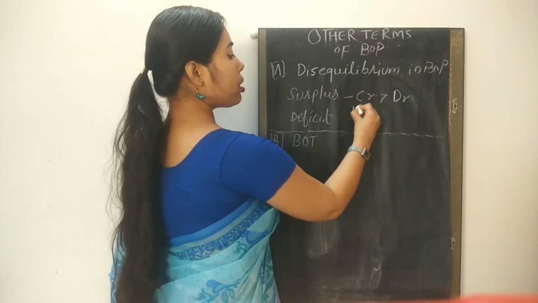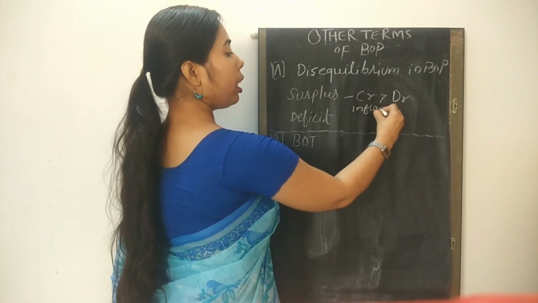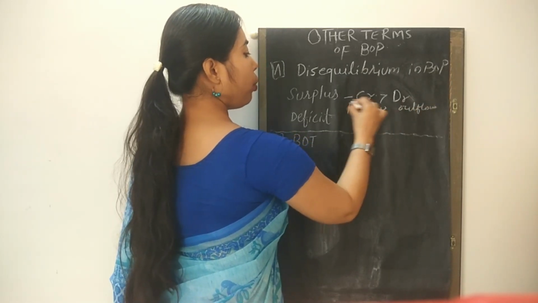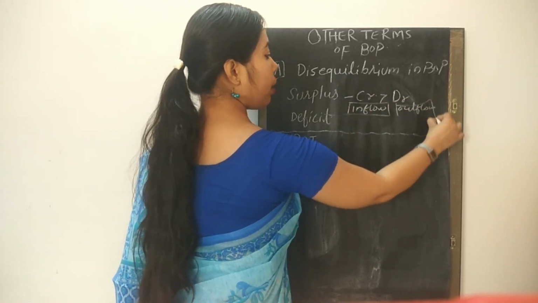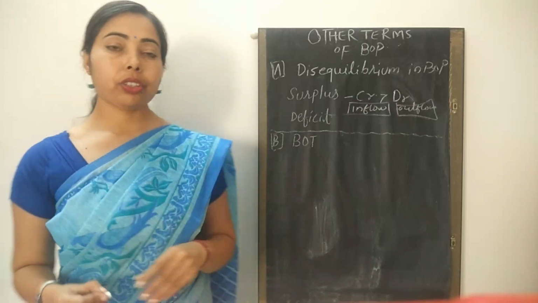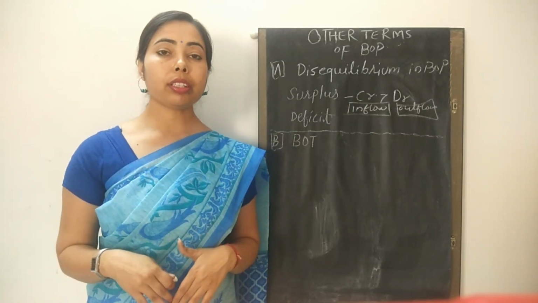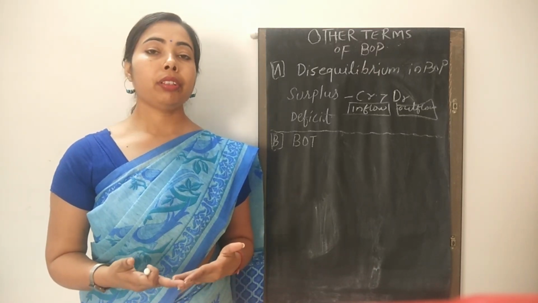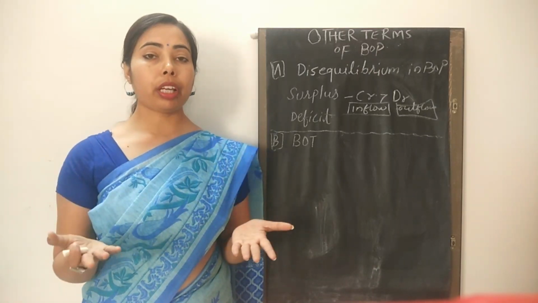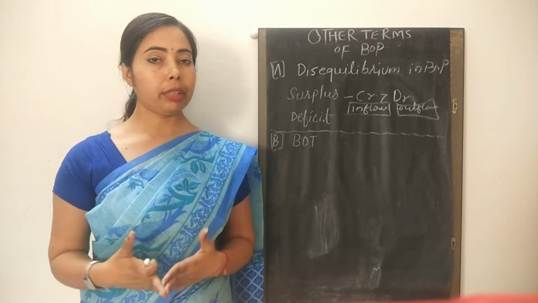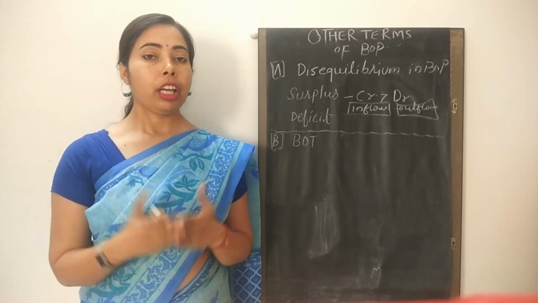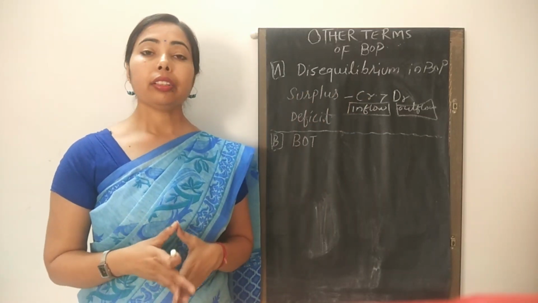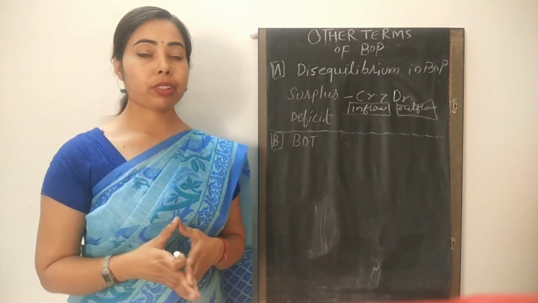Credit side means inflow of currency and debit side means outflow of currency. Inflow of currency means when money comes into the country after the transaction takes place, that is recorded on the credit side. Similarly, when money goes outside of the country, that is recorded on the debit side. If the debit side is less than the credit side, there will be a surplus in BOP status.